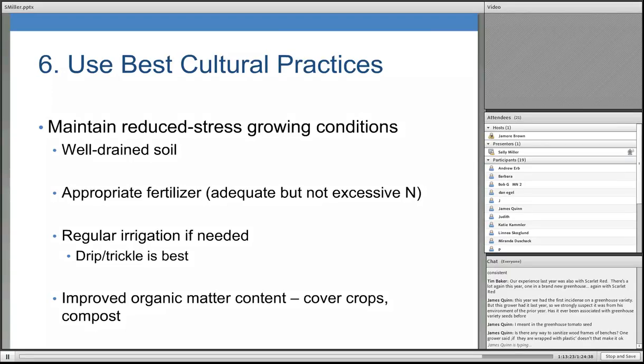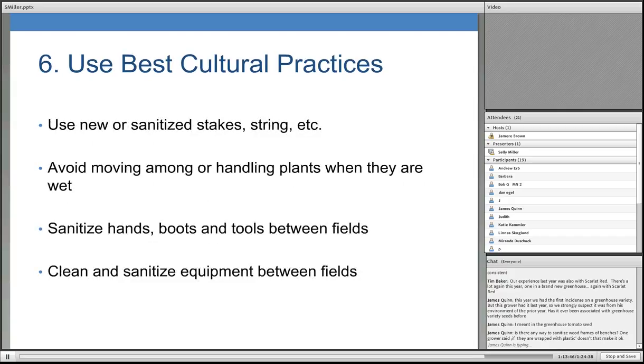Again, regular irrigation, and drip irrigation, of course, is the best, so you don't wet those plants. And then also work on improving the soil by improving its organic matter content where that's depleted, and that includes cover crops or compost. These are all well defined for organic growers, and certainly conventional growers can use these practices.